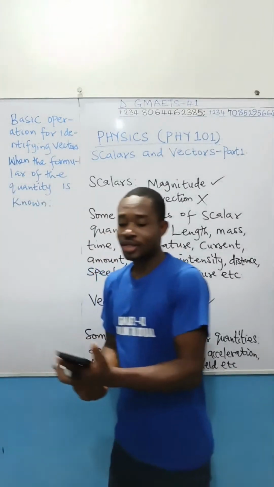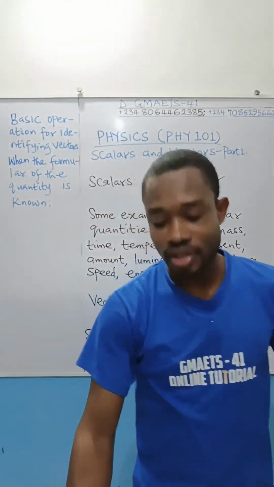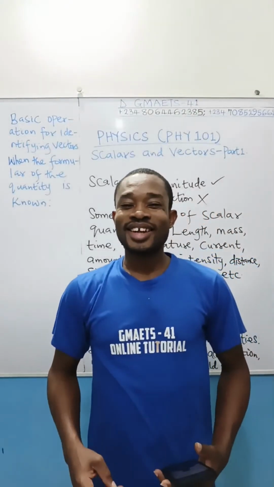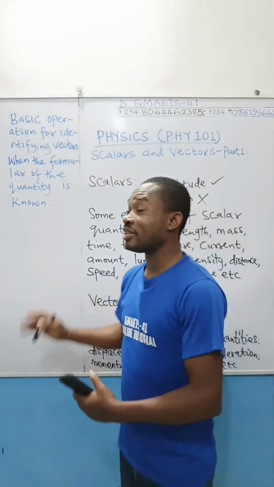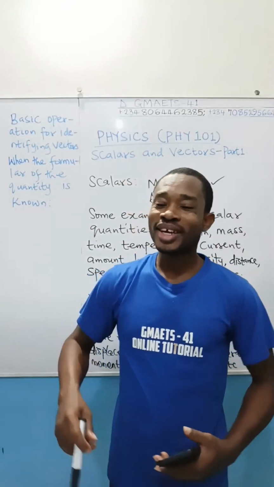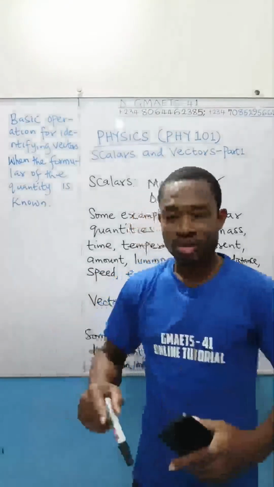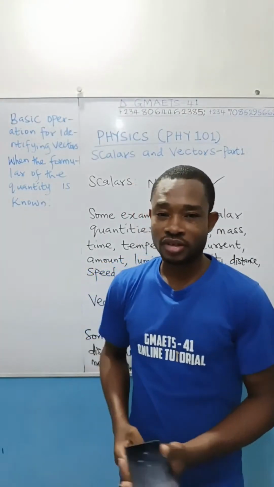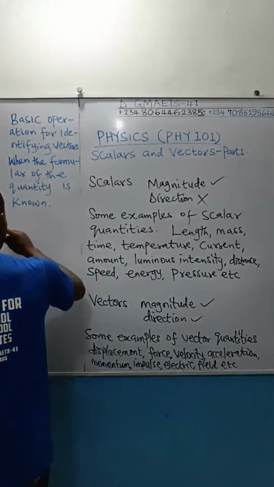So let us look at these basic principles. Like I said, although the principles might be important to guide you, before I show you this operation, you must know the formula of that quantity first. So we start with this.